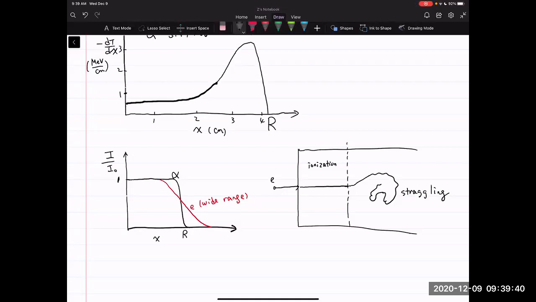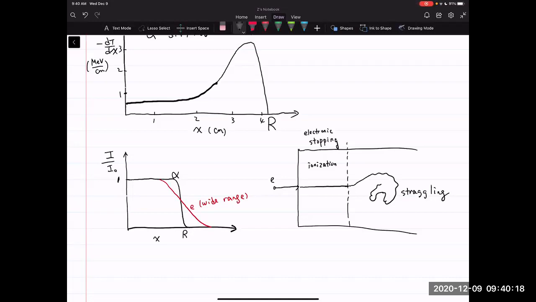Okay, in these two parts, the first, this ionization process, is due to the interaction between the electron and the electrons inside the material. So the slowing down of the electron is due to the electrons. In this process, we sometimes call it electronic stopping. So when I talk of stopping power, you can be more specific about what makes the particle stop. Initially it is due to the electrons, so it's the electronic stopping power.